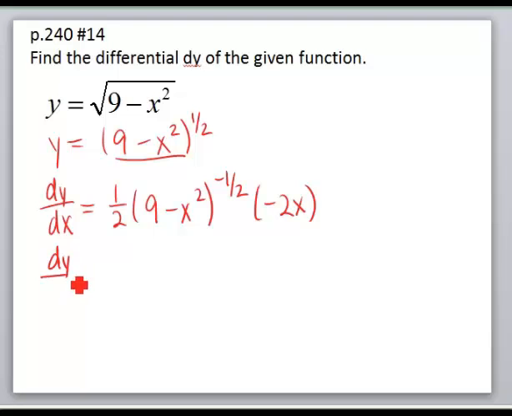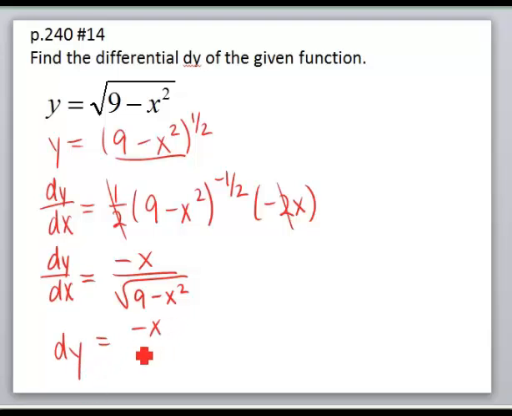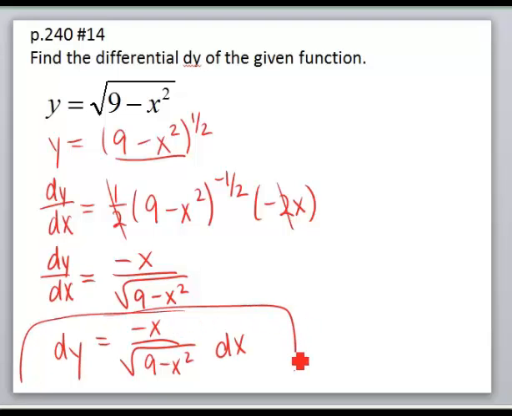So I end up getting dy over dx is equal to 1/2 times 2 makes a 1, so I get negative x over, this is on the bottom of the fraction, square root of 9 minus x squared. Now I need to find dy, so I'm going to multiply both sides by dx. This is as far as I need to take this. This is the differential and the answer to this problem.